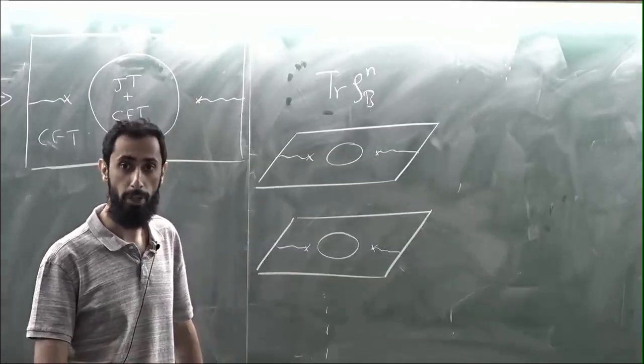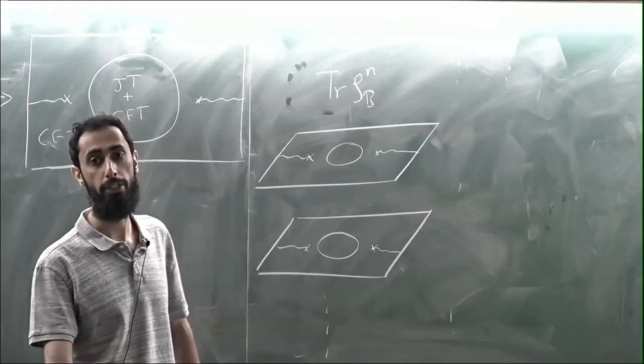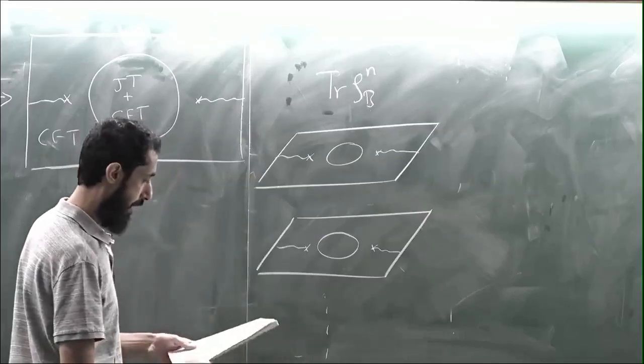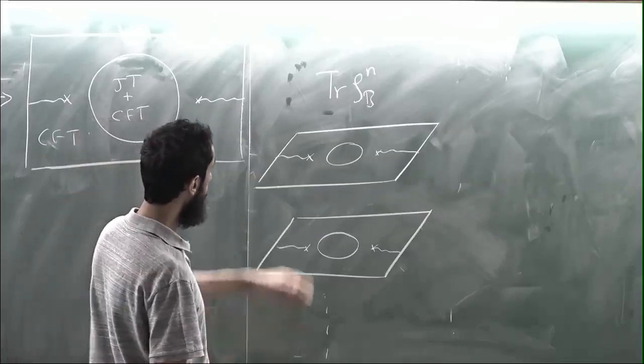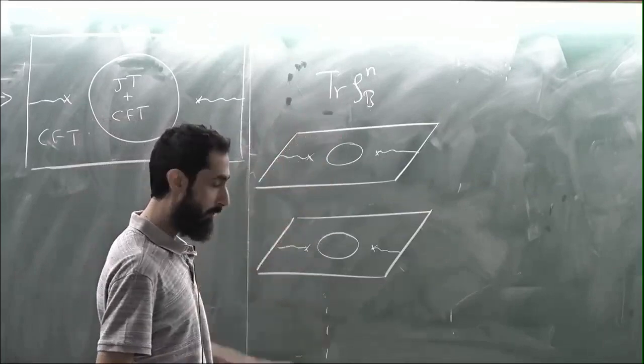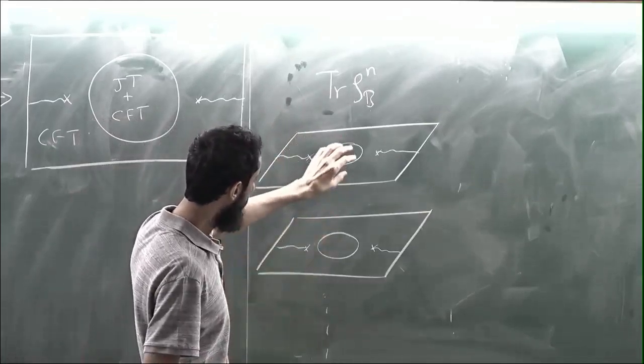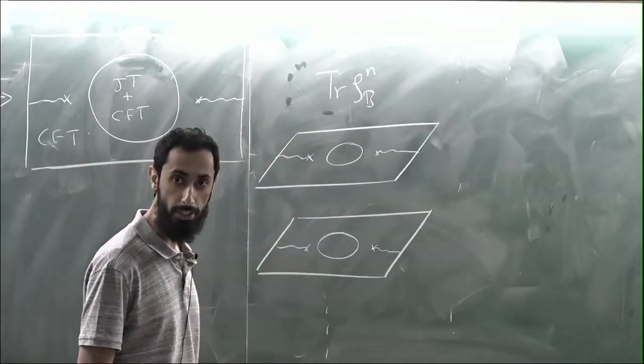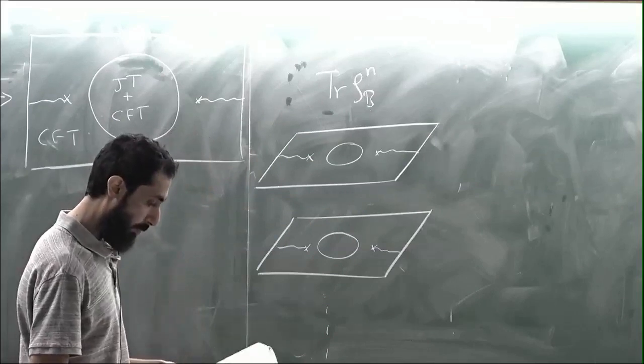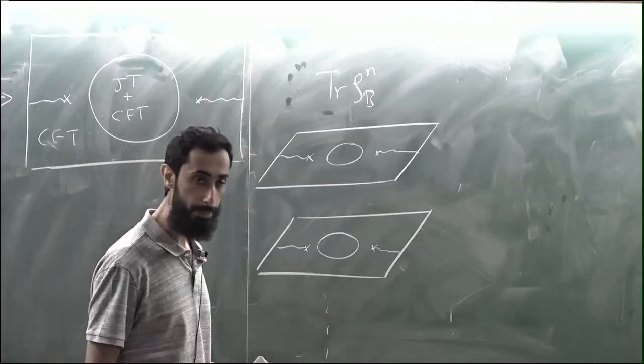You work near n equals 1, take the derivative with respect to n, and that gives you the entropy. So in evaluating this path integral for different values of n, we're supposed to allow gravity to do whatever it wants in these regions. We're supposed to consider all possible saddles, for example.